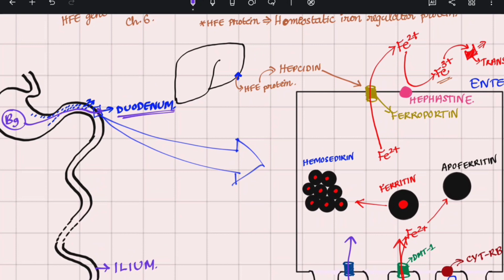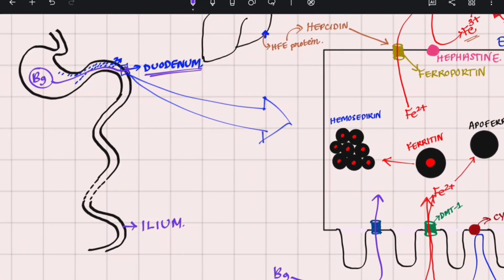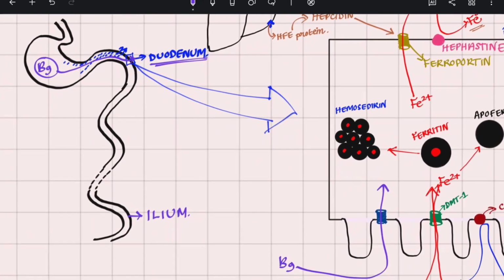It is not that important how B9 is transported, but there is another very important vitamin, which is vitamin B12. This vitamin B12 is not absorbed through the duodenum. Instead, it is absorbed mainly through the ileum.